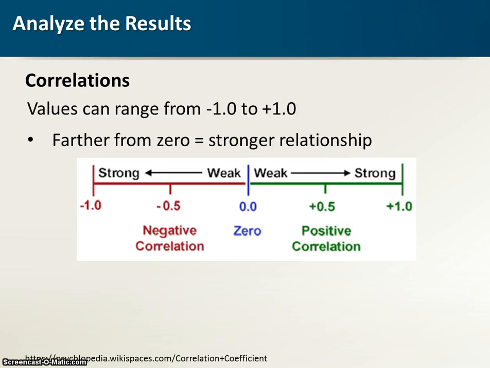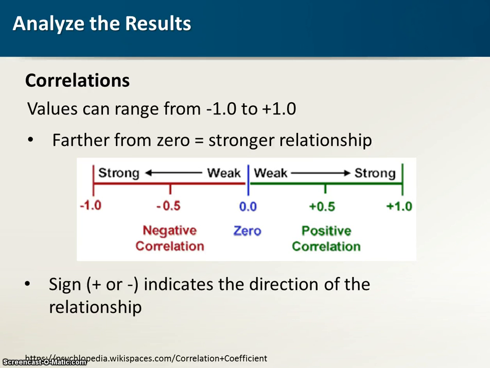So that tells us how strong the relationship is. The other thing to know is the sign: is the correlation positive or negative? And this tells us the direction of the relationship between one variable and the other variable. So on the next slide, I'm going to show you your two options, positive and negative correlations.